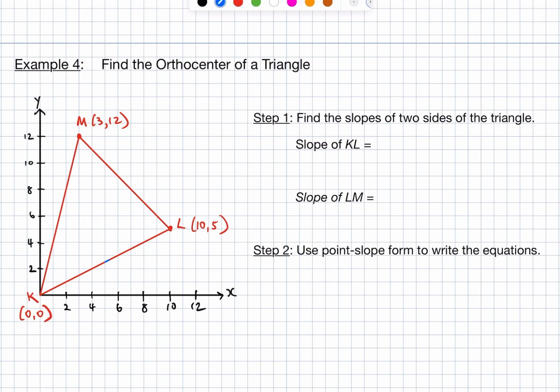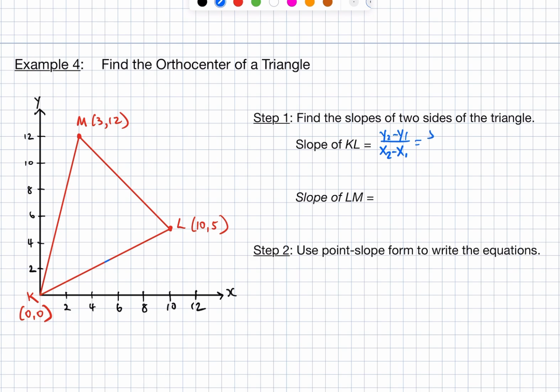Well, what is the equation of slope? The equation of slope is y2 minus y1 over x2 minus x1. Let's take a look at KL. This is my x2 and my y2, so I can substitute y2 into this equation.